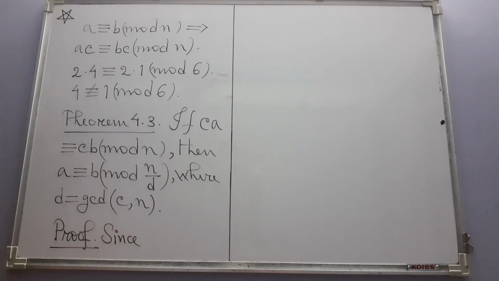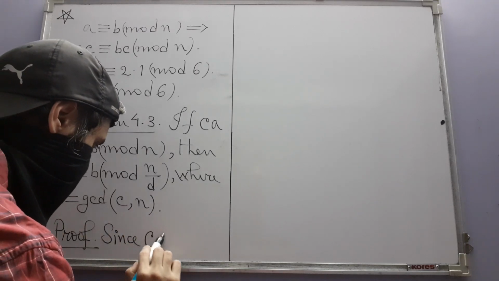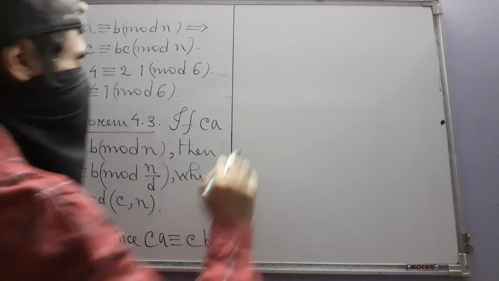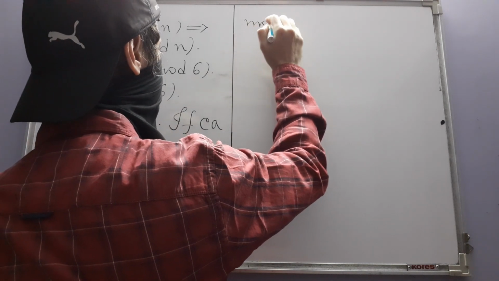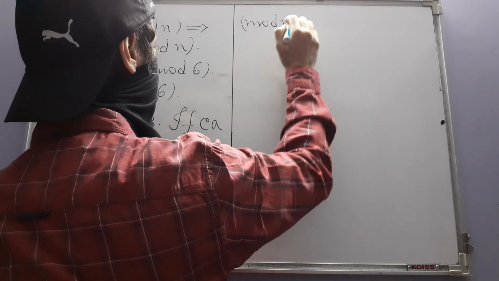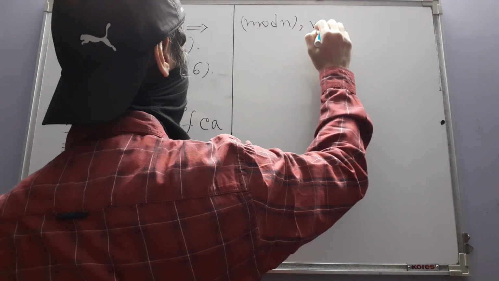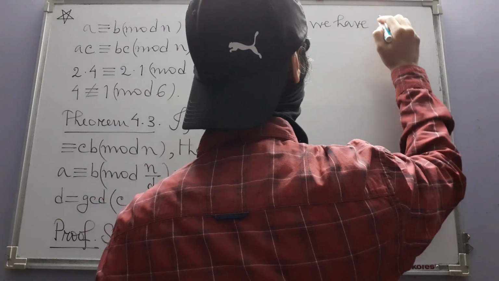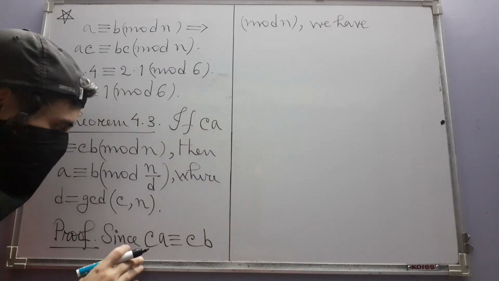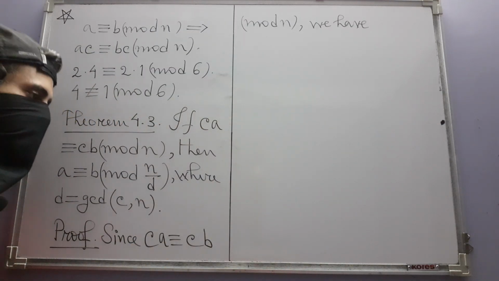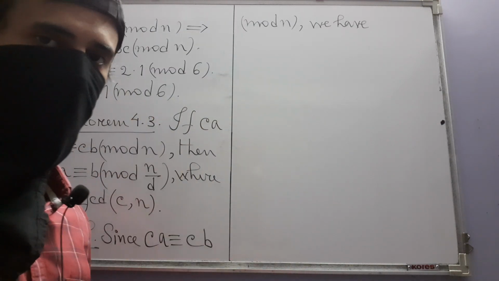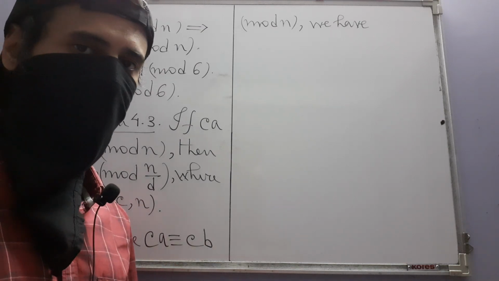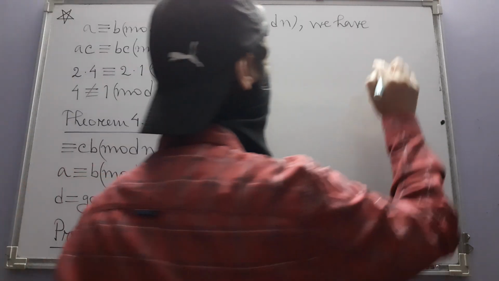Since ca is congruent to cb mod n, this means that ca minus cb is divisible by n, or in other words, ca minus cb is a multiple of n.